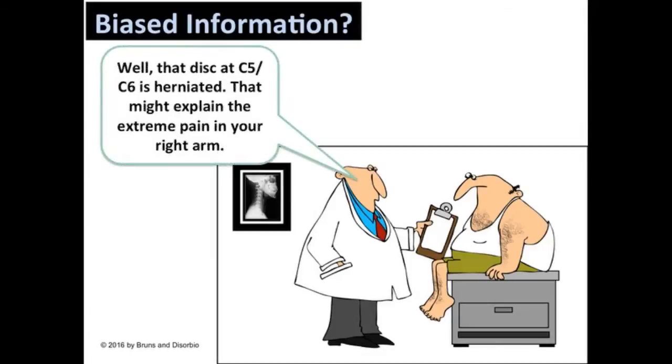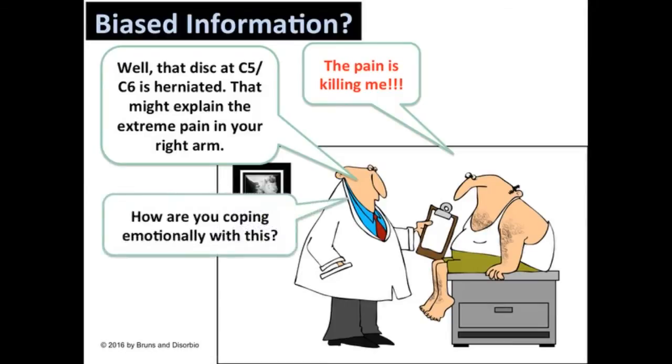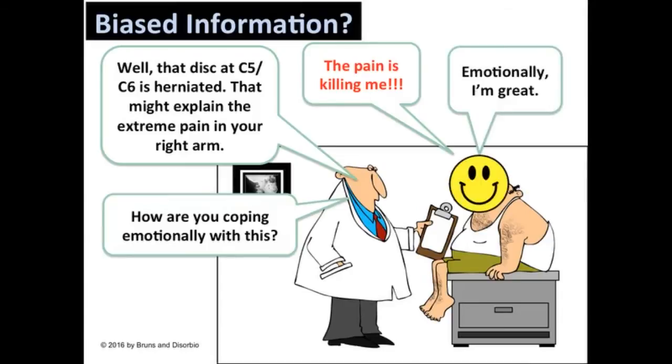That might explain the extreme pain in your right arm. And Bob says, the pain is killing me, Doc. So Dr. Cutter says, how are you coping emotionally with this? And Bob says, emotionally, I'm great. So the pain is killing him, but he's just on top of the world.